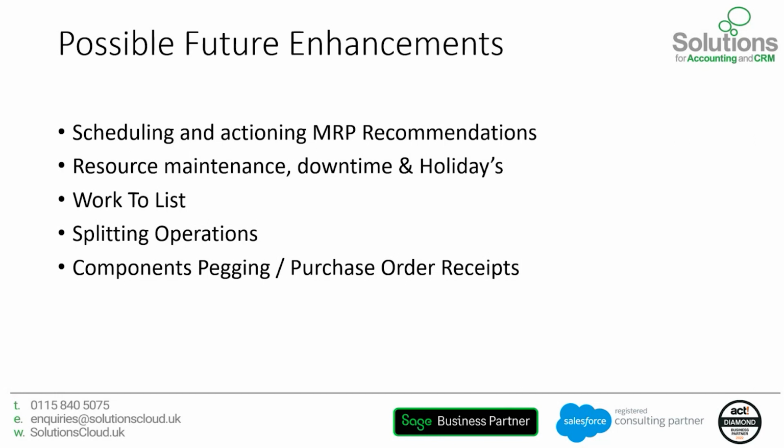One of the things that Cim have recognised is it would be particularly useful if in the future the system, as well as looking at works orders that have actually been created, would look at recommendations that have been made within the planning area. So that's something that Cim have recognised.